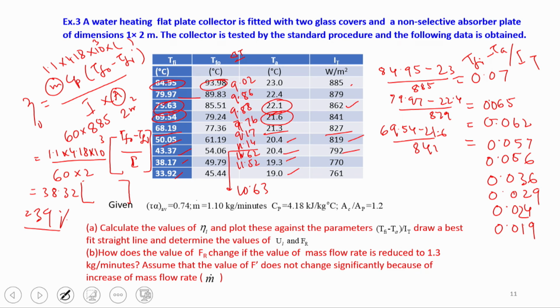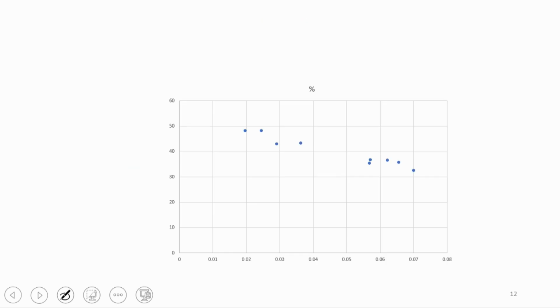Now can you tell me the expression? So this eta_i is equal to 0.6 minus something will come.